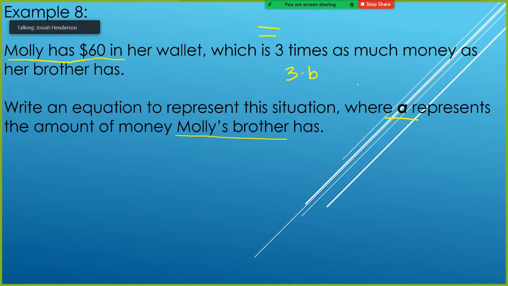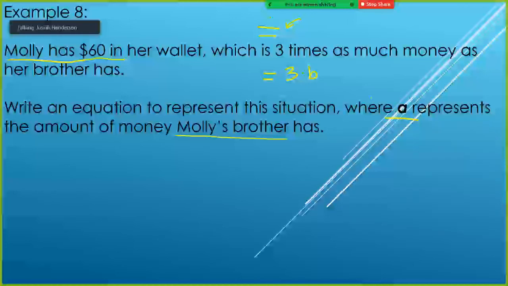This problem is telling us later A is supposed to represent the amount of money that the brother has. So for me personally, I would have written this as 3b. Something equals 3b. And then what is the 3 times? It's the amount of money the brother has, so 3b.